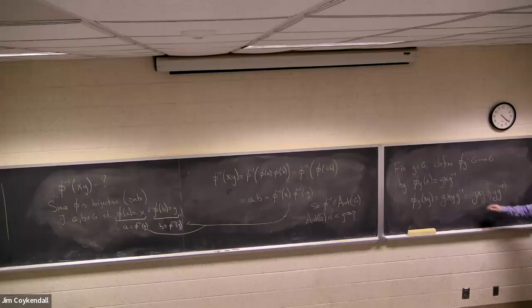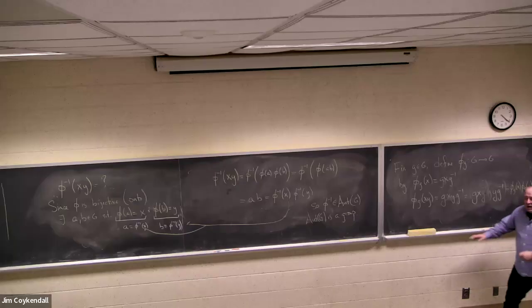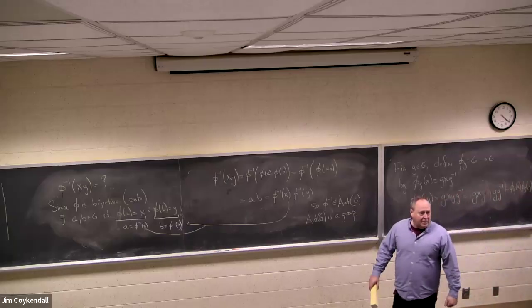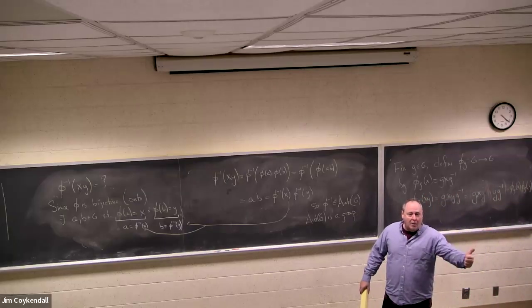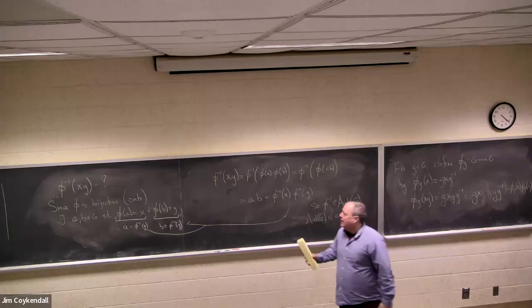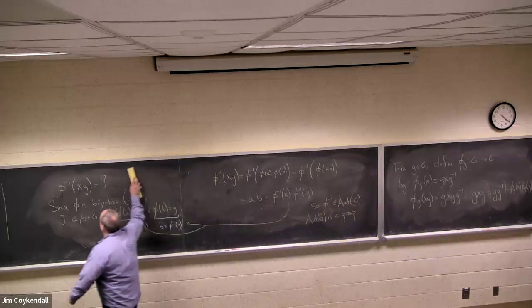And what is this? Well, this is just phi G of x times phi G of y. It is a homomorphism. This kind of little trick where you insert inverse pairs is really useful. Group theory uses this trick a lot. Okay so far? Okay, homomorphism, got that. Leave one-to-one and onto.